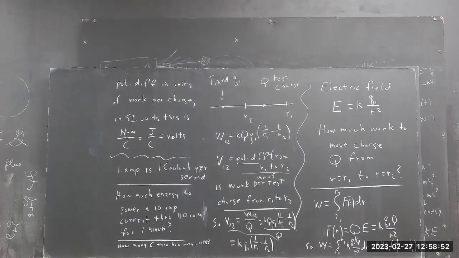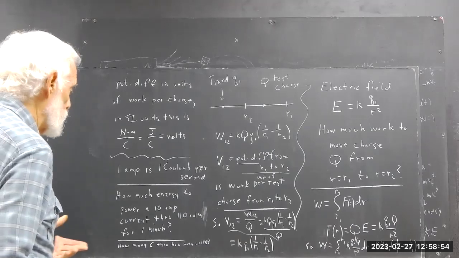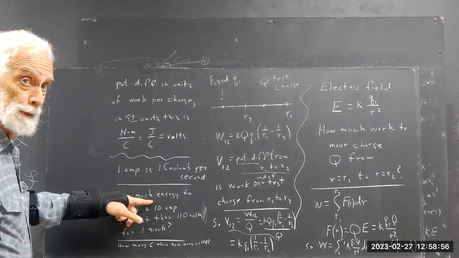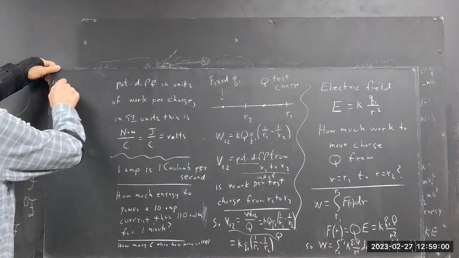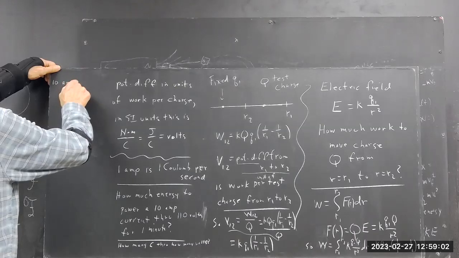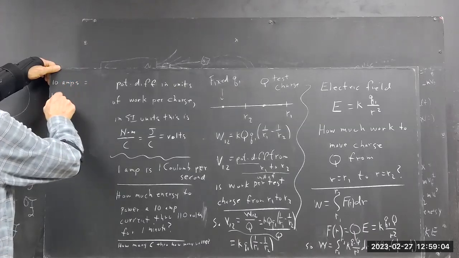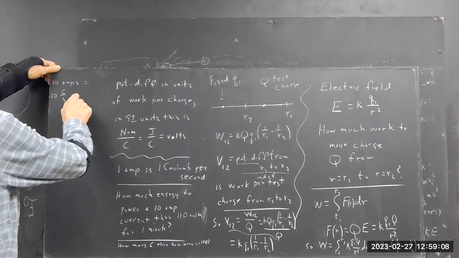Well, reasoning this out, you've got 10 amps. A coulomb per second.